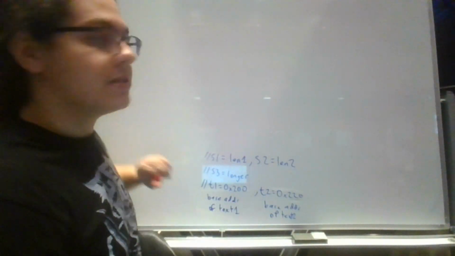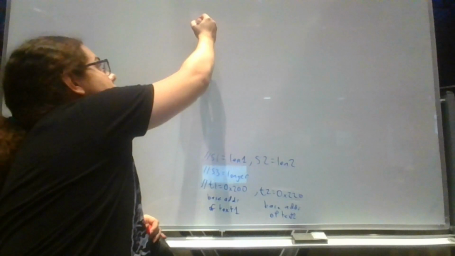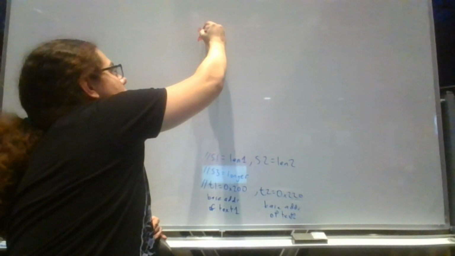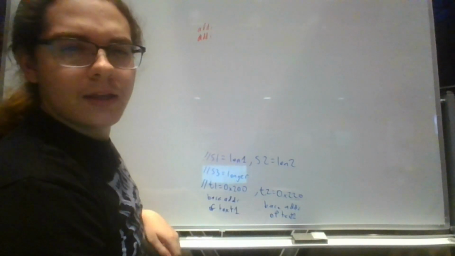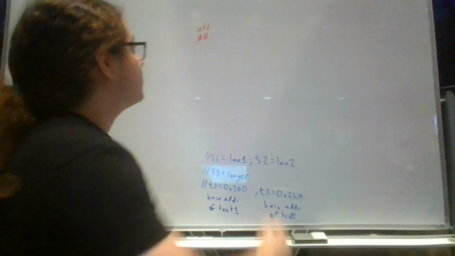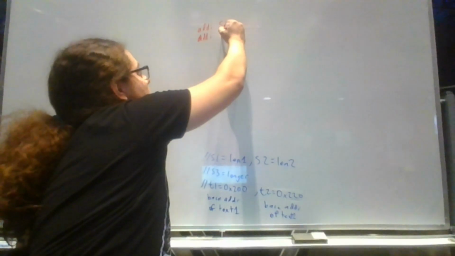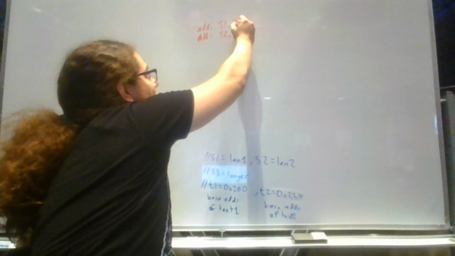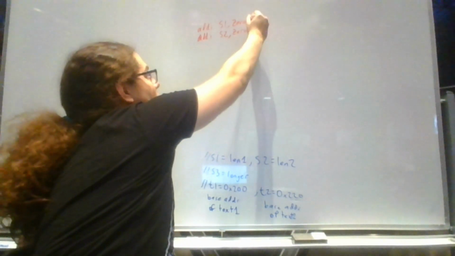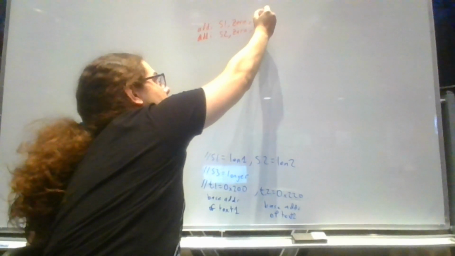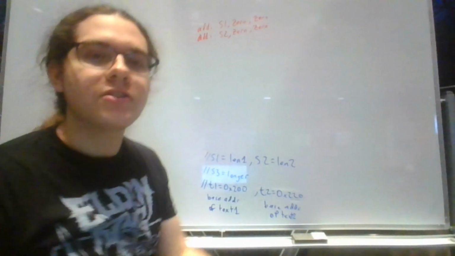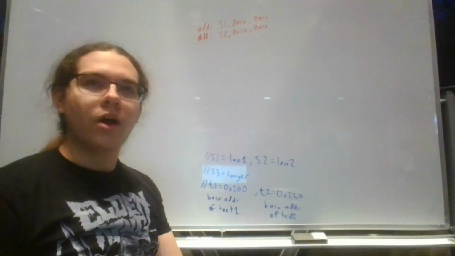So the first 2 lines of code are going to be, and then it's length 1 and 2. Okay, and I'm going to purposely do something here. I want to ask you guys, what is wrong with what I just wrote?